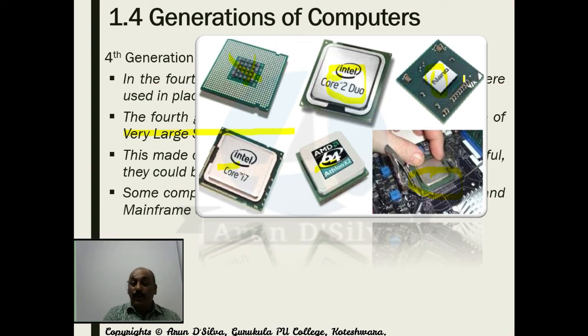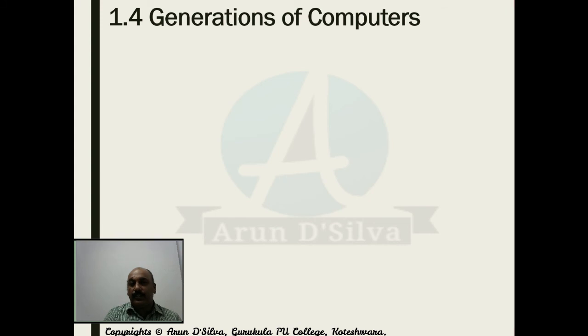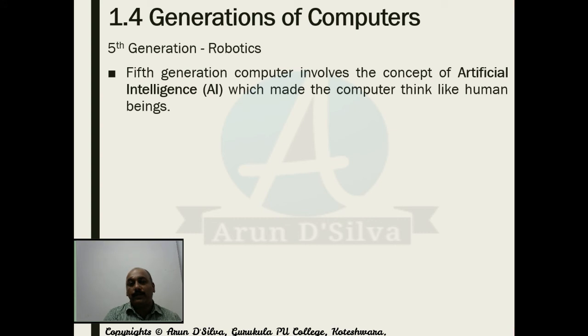Going for the next generation, that is the fifth generation, which is highly about artificial intelligence. See, we have natural intelligence, which we receive naturally by birth. Now, if we take the collective intelligence of 3-4 people or 300-500 people, put it together, and give it to the machine, that will be called artificial intelligence.